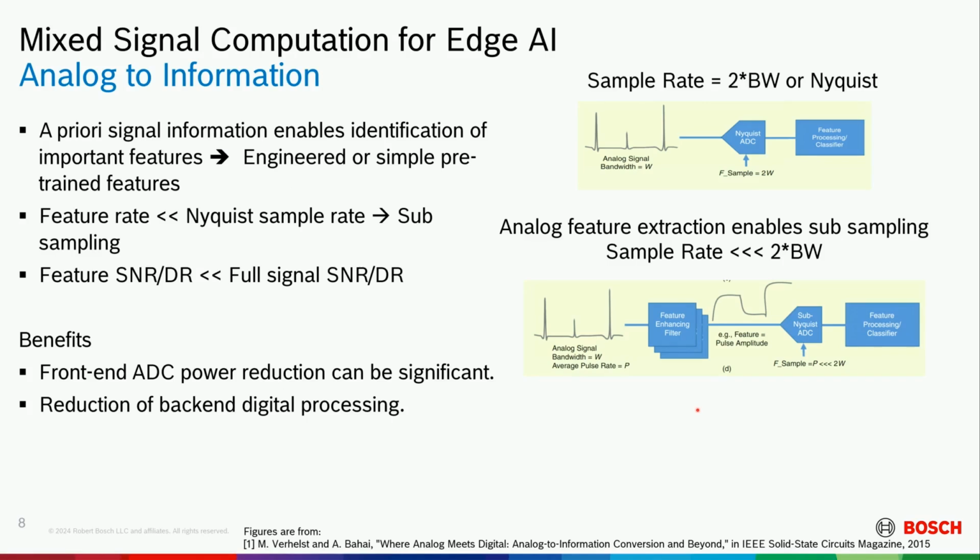And not only that, if the output of this ADC has gone from a very high number of bits, high precision, to maybe just a few bits, then your back-end digital processing, since you're only working at a very low bit precision, is not only lower power, it's also lower area. So these are some benefits of doing this.